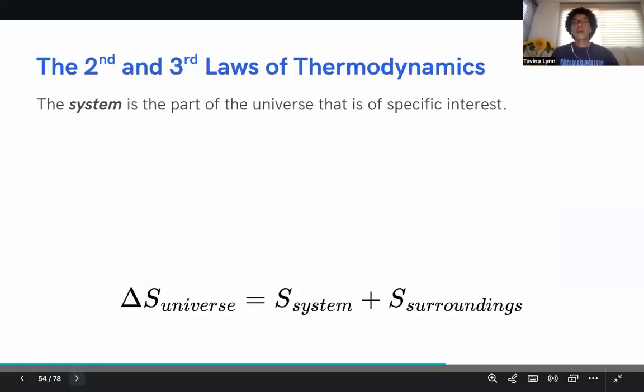So let's talk about the second and third laws of thermodynamics. And remember, the system is the part of the universe that is of specific interest for our study.